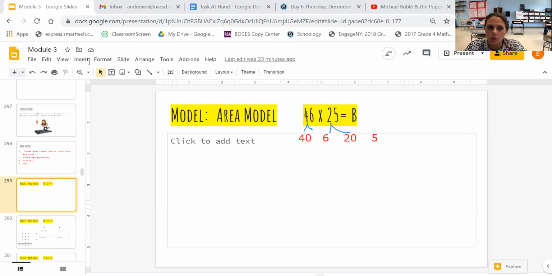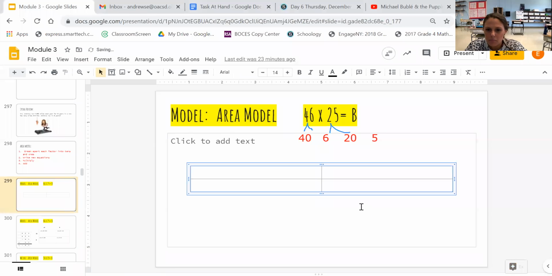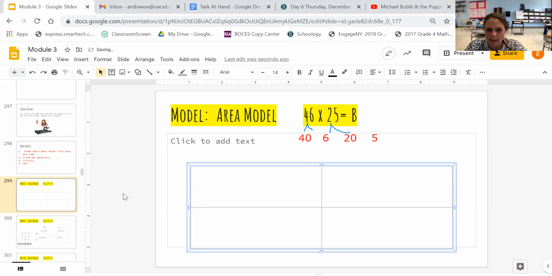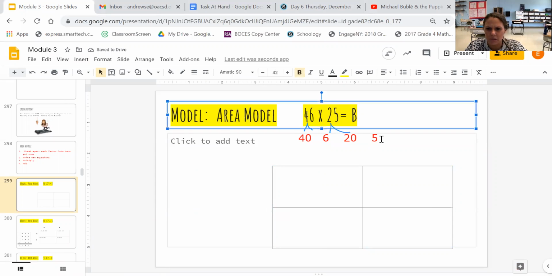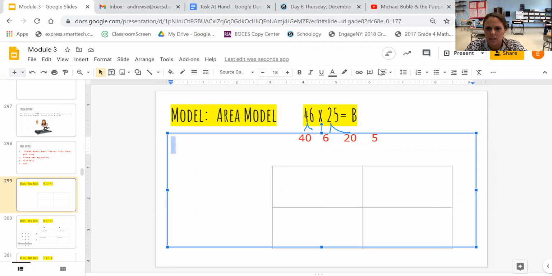So what I'm going to do is in my area model, I have 4 boxes, and my first one, maybe I'll delete this so you don't get confused here. We have 46, taking that first factor and breaking it apart, and then we have 20 and 5.